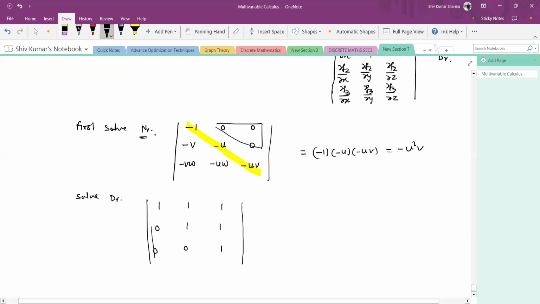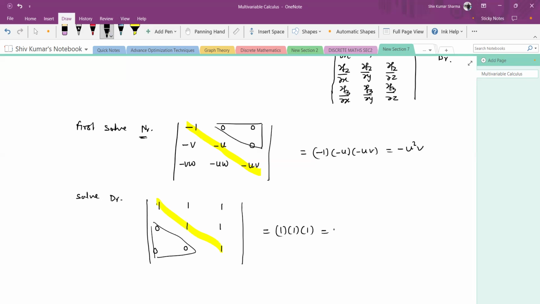Here we see that the lower triangular part is 0, so the determinant equals the product of the leading diagonal elements: 1 into 1 into 1, which gives us 1. So the value of the denominator is 1.